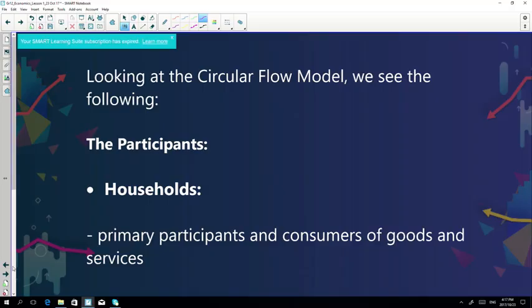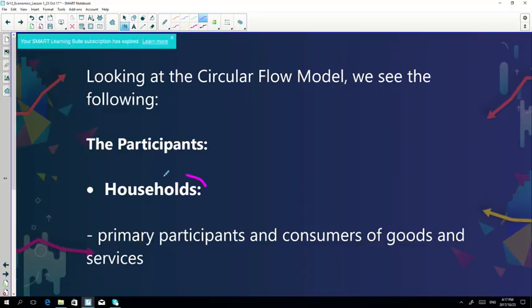So the first participant that we're going to look at is the household. So it's us. Here it is the primary participants and consumers of goods and services. So it's us, the ordinary people, people that have needs, and we want to satisfy these needs, and we have the financial resources in order for us to purchase these needs.